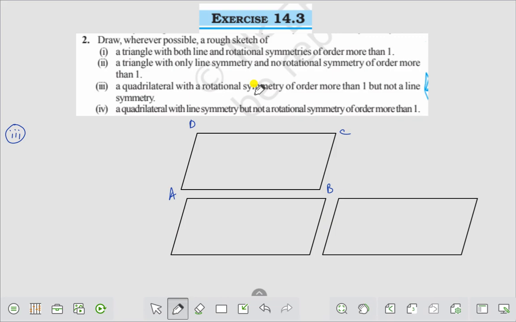Question number 3: a quadrilateral with a rotational symmetry of order more than 1 but not a line symmetry. We are not getting any line symmetry, here in this case a parallelogram. And for rotational symmetry, suppose this is the point I have taken.